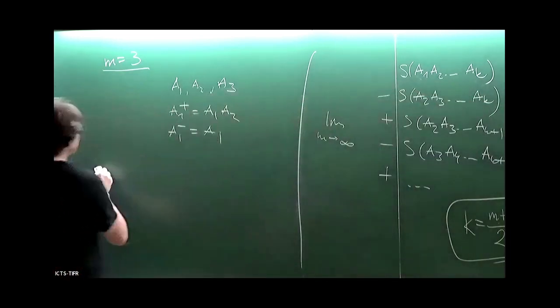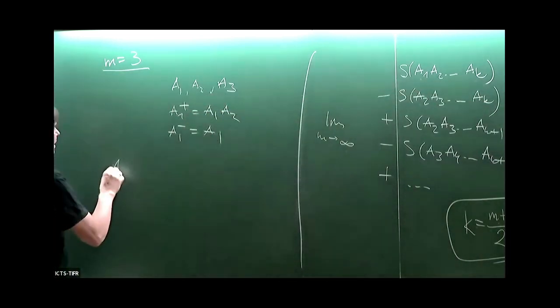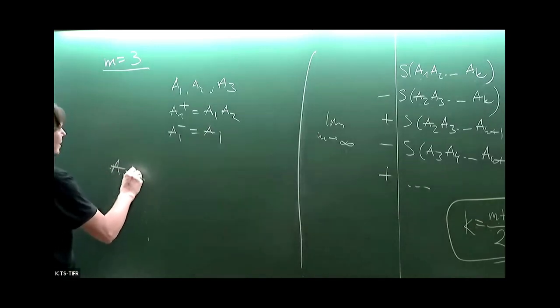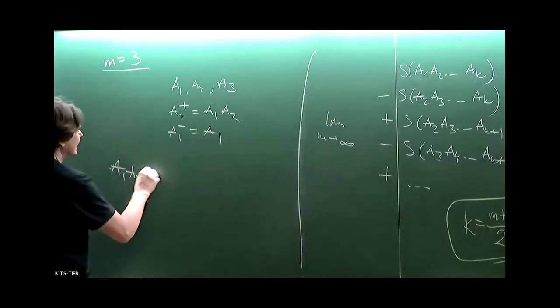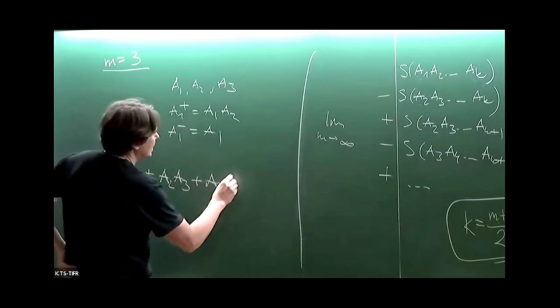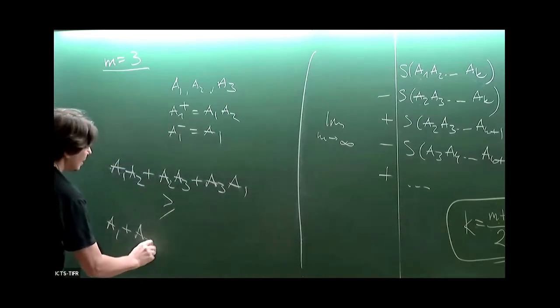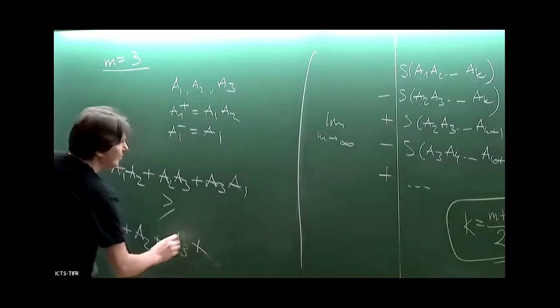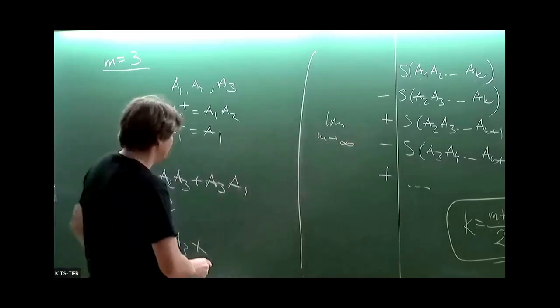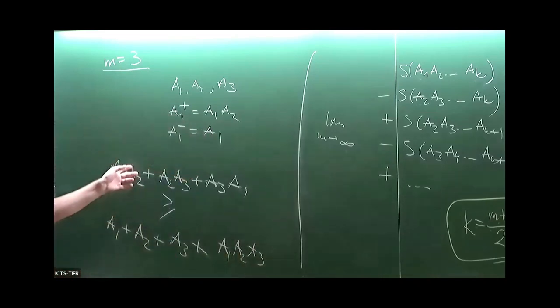I will stop writing these S's because it just wastes my time. The inequality becomes S(A1A2) plus S(A2A3) plus S(A3A1) is greater than or equal to S(A1) plus S(A2) plus S(A3) plus that term, which is the black hole entropy, S(A1A2A3).